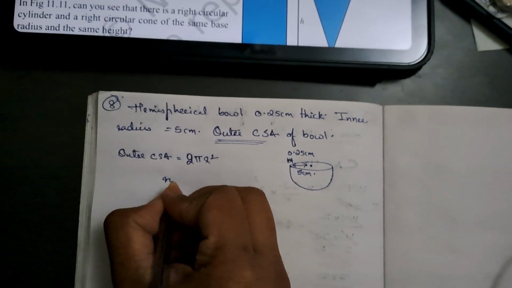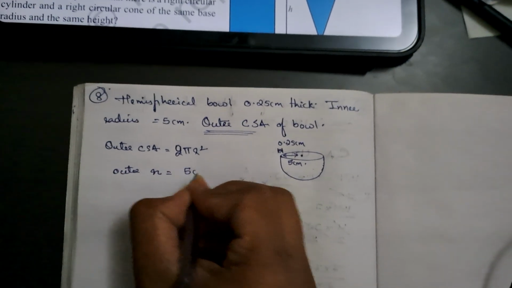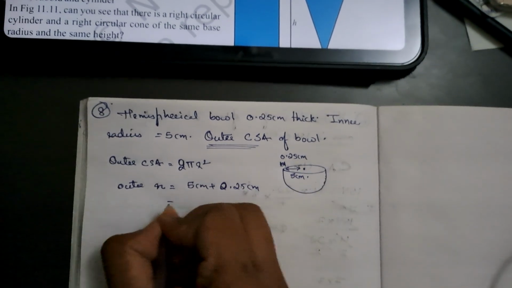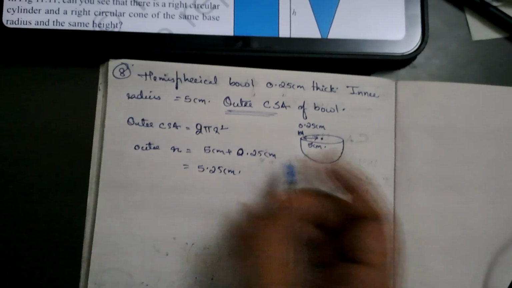So outer radius is equal to 5 centimeters plus 0.25 centimeters, that becomes 5.25 centimeters. Okay, get it.